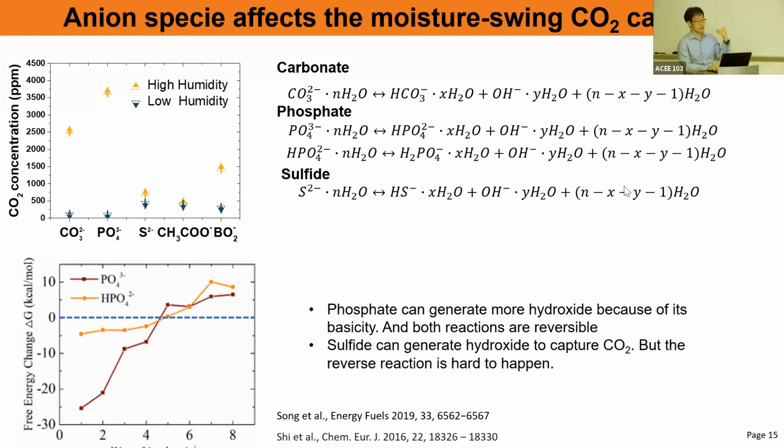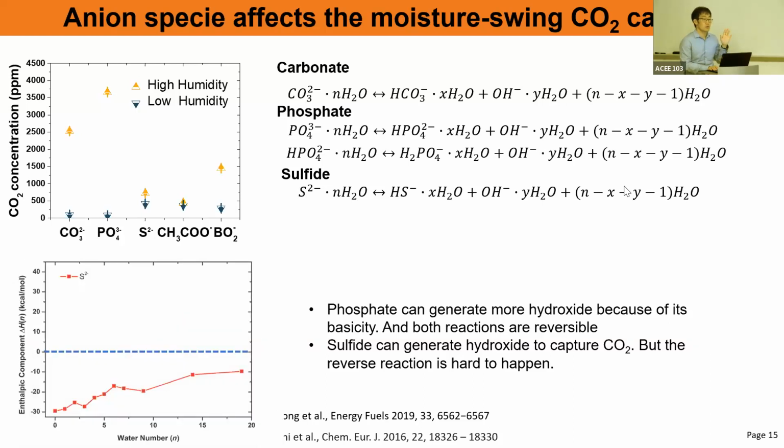Under low moisture, the reaction energy is negative. Under high moisture, the reaction energy is positive. However, for sulfide, the calculation shows that the free energy of this reaction will always be negative, no matter how much water you add into the system. So the ability of this hydroxide to decrease at high moisture determines how much of the captured CO2 can be released.